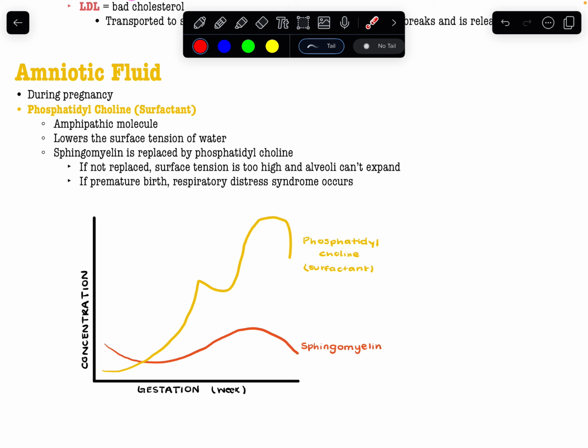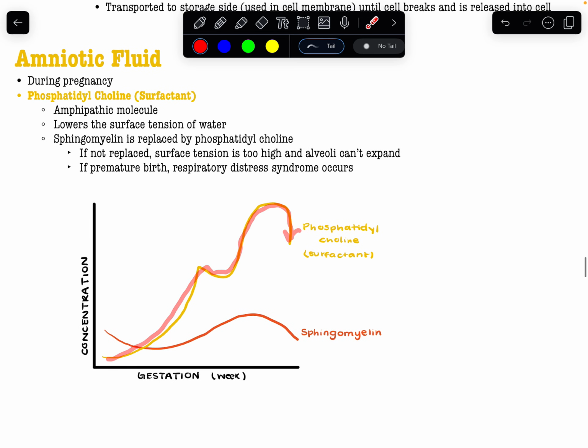However, if phosphatidylcholine does not come in and break up the surface tension of the liquid surrounding, then that will lead to respiratory distress syndrome. You see it in premature births quite a bit, when phosphatidylcholine does not get a chance to go in and break up the surface tension to allow the alveoli to expand. If you are just trying to remember flashwords here, just remember respiratory distress syndrome and phosphatidylcholine.